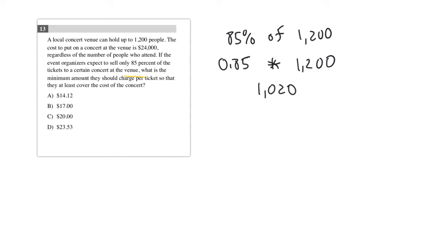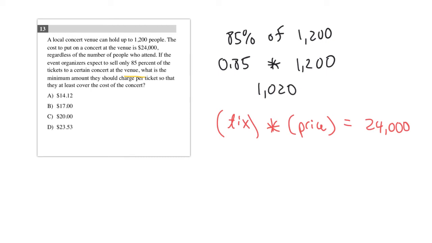So I'm going to set an equation up where it would be tickets times the price per ticket. And that's going to equal hopefully 24,000, right? And it turns out we already know how many tickets we're going to be selling.